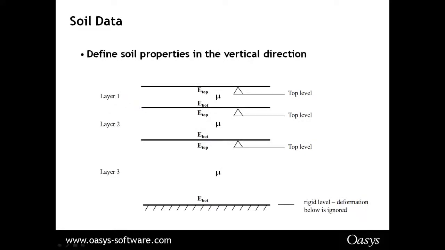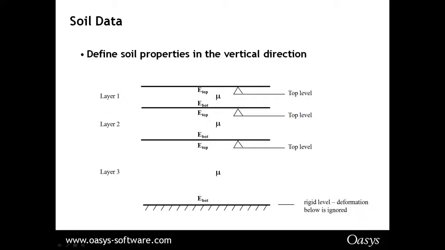The soil data in both PDISP and GSA are defined the same way. You have one or more soil strata where you define the top layer of the soil, and each soil layer has its Young's modulus, for which you can specify a different value at the top and the bottom of the layer, and you also need to specify the Poisson's ratio of the soil.